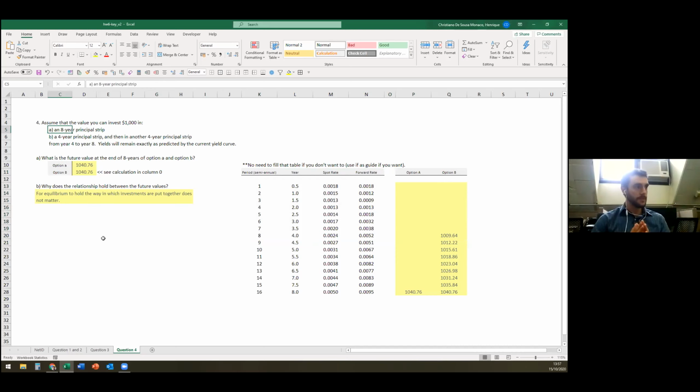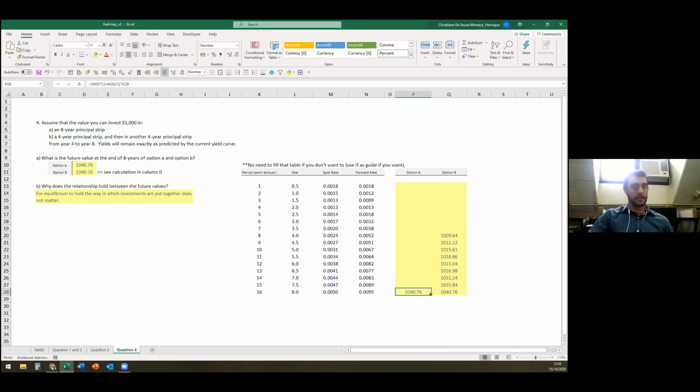In option B, you have the option of buying a 4-year principal strip, and at year 5, you would collect the money and reinvest in another 4-year principal strip. So a 4-year no coupon payment bond. Okay, so those were the 2 options that we were trying to compare.